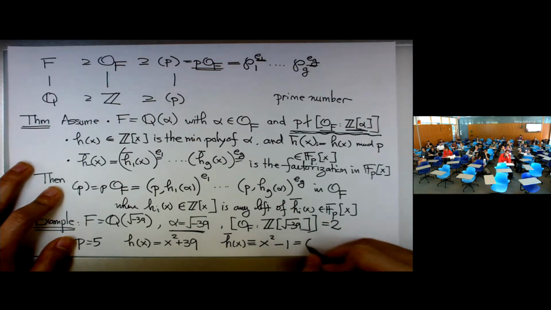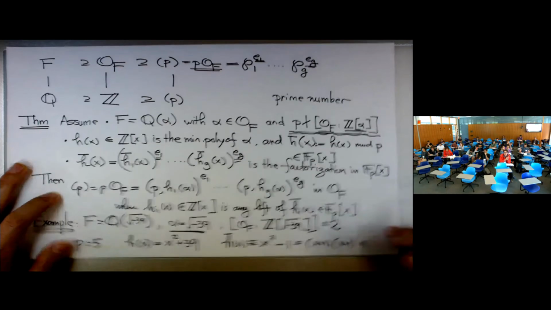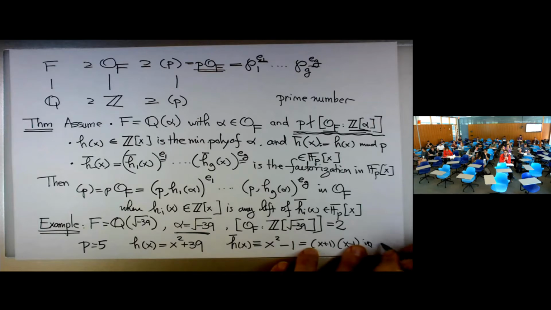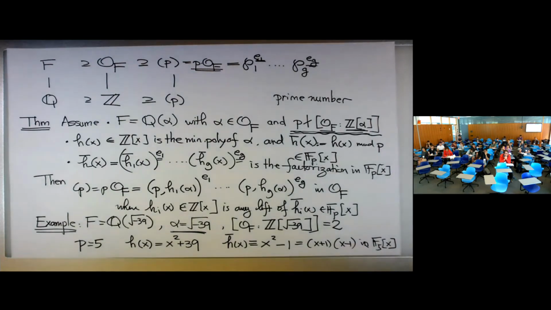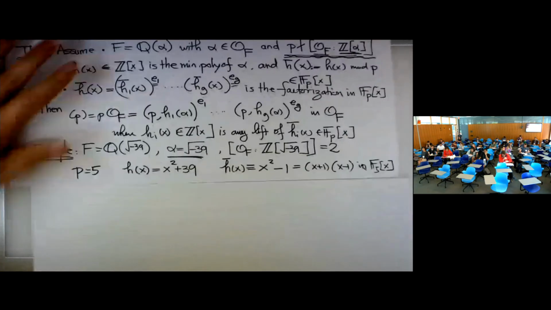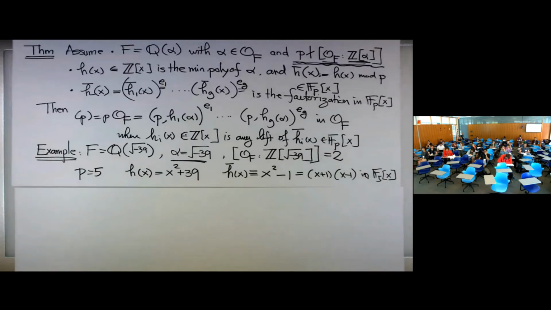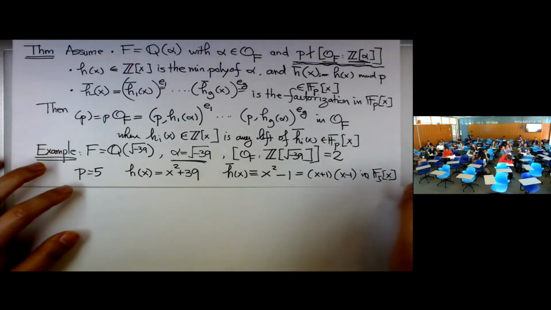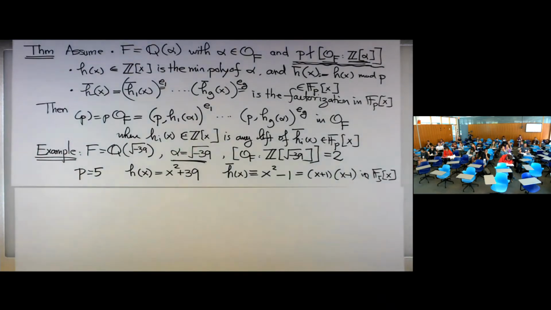And it does factor as x plus 1, x minus 1 in F5. Okay, so the reduction of h(x) by mod 5 factors as x plus 1 and x minus 1.